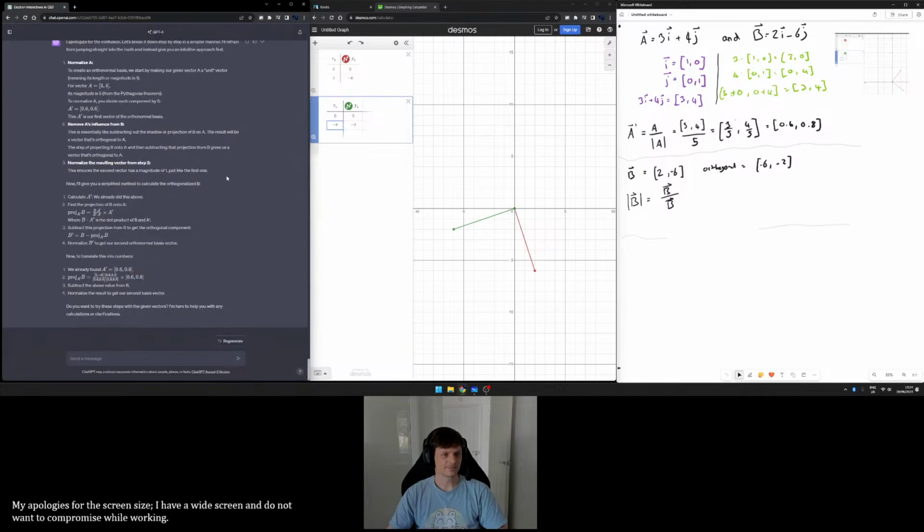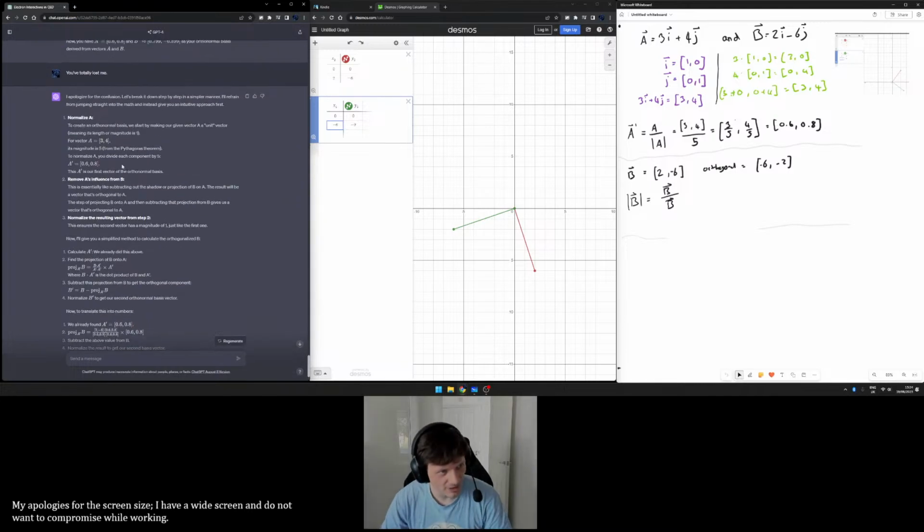Let's try this again. So it says, apologies for the confusion. Let's break it down step by step in a simple manner. I'll refrain from jumping straight into the math and instead give you an intuitive approach first. Normalize A. To create an orthonormal basis, we start by making our given vector a unit vector, meaning its length or magnitude is 1. For vector A equals (3, 4), its magnitude is 5 from the Pythagorean theorem.